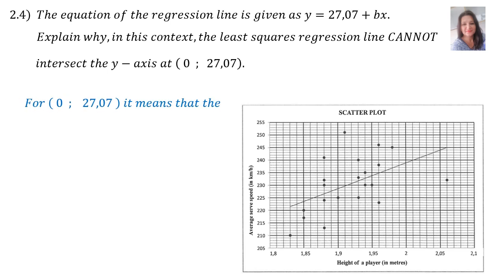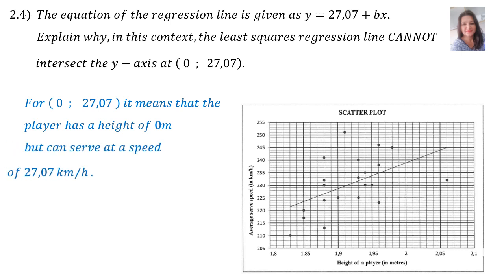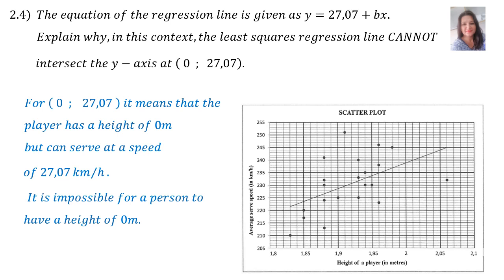Now, if you think about it, for the point 0, 27,07, it means that the player has a height of 0 meters, but can serve at a speed of 27,07 kilometers per hour. It is impossible for a person to have a height of 0 meters.